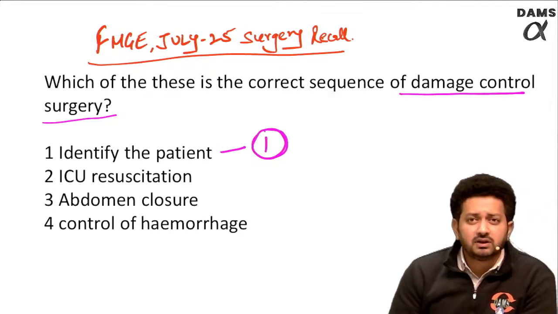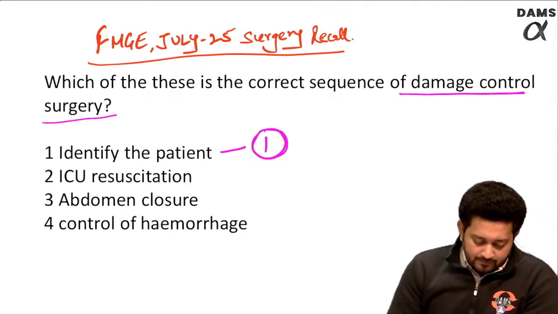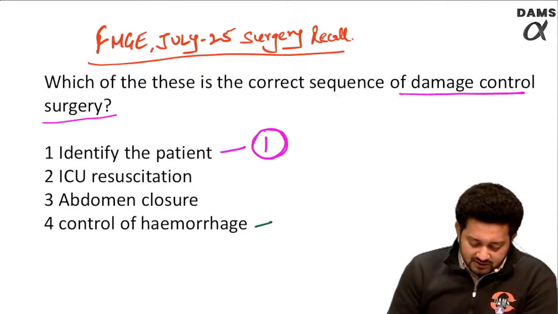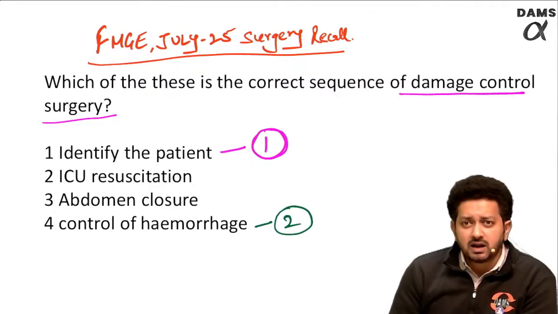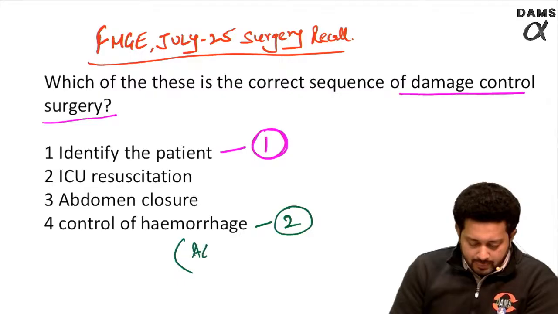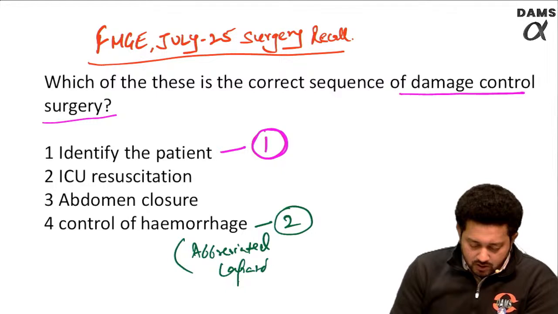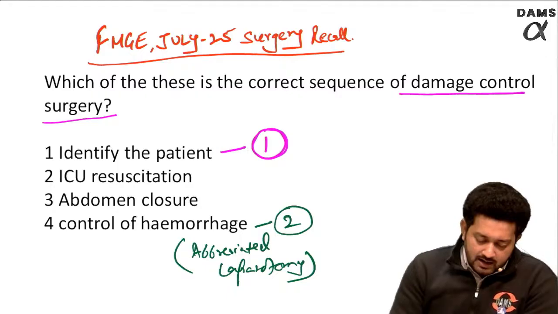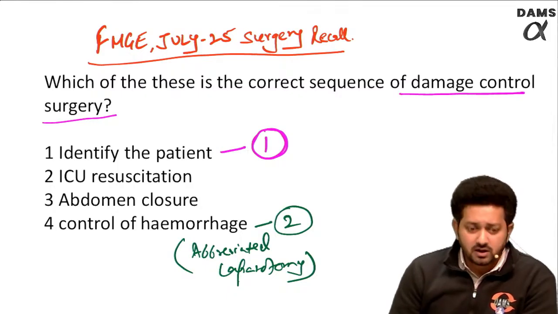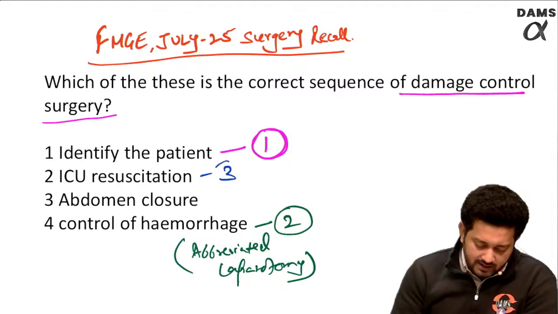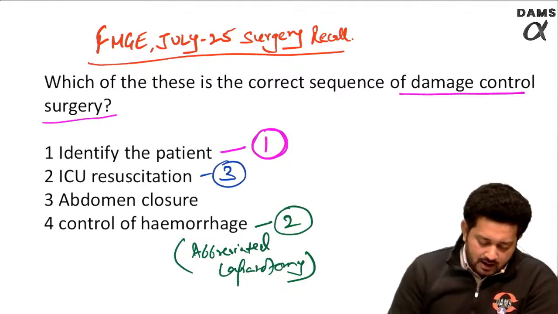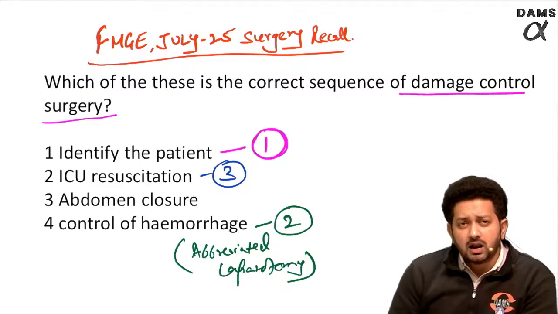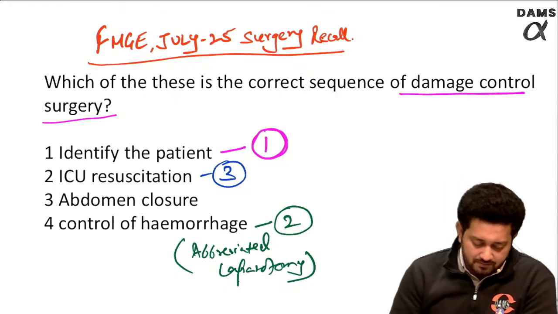Then the second thing is the abbreviated laparotomy to control the bleeding and to limit the contamination. Then leave the abdomen open or do some temporary closure and send the patient to ICU. And then you will take the patient again in the next 48 hours and do the definitive repair.